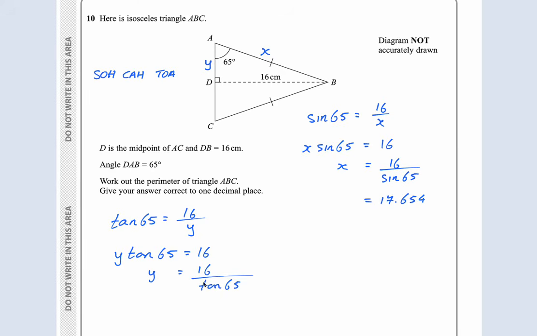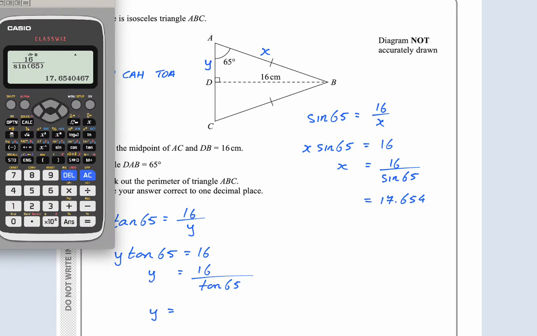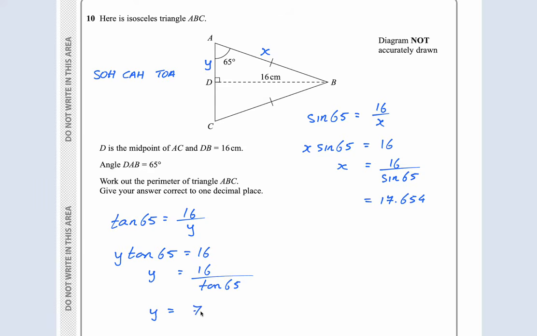Divide both sides by tan 65. And then y equals 16 divided by tan 65, which is 7.46.